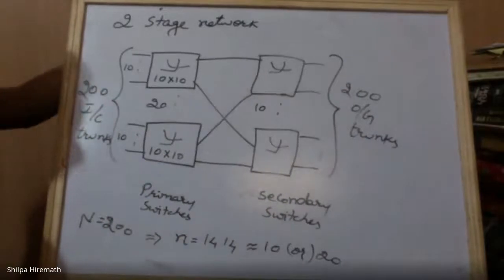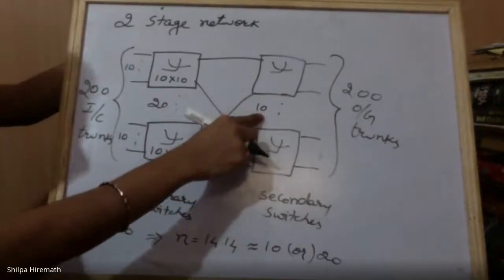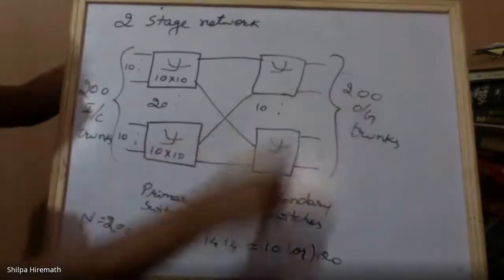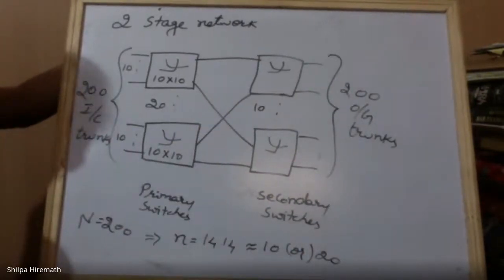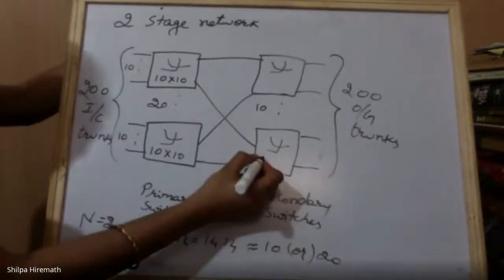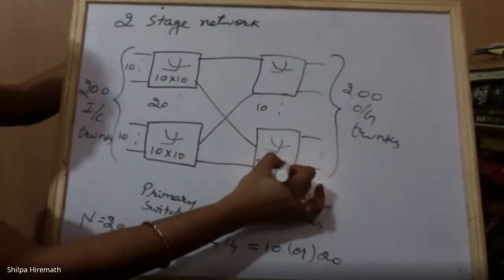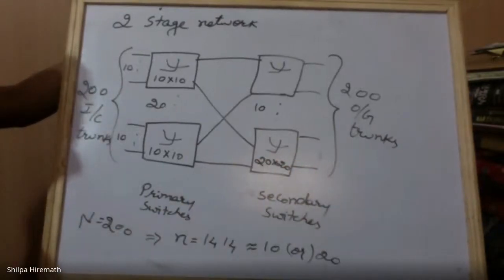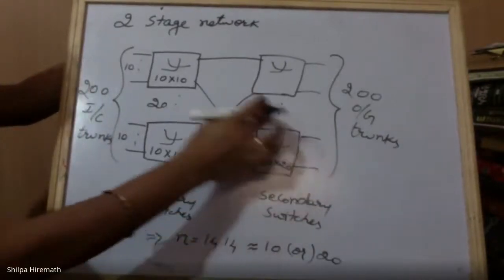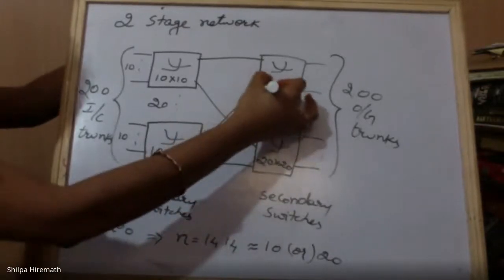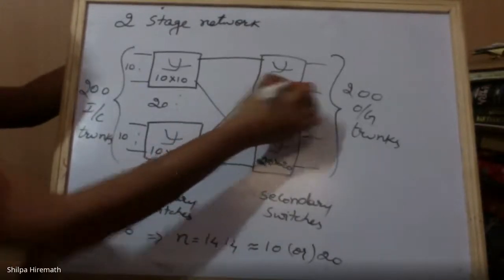Because I have only 10 secondary switches, 10 into what factor will make 200? Yes, it will be 20. So this means that the secondary switch has 20 outlets. Yes, 20 into 10 will turn out to be 200. Similarly, here it is 20 into 20.